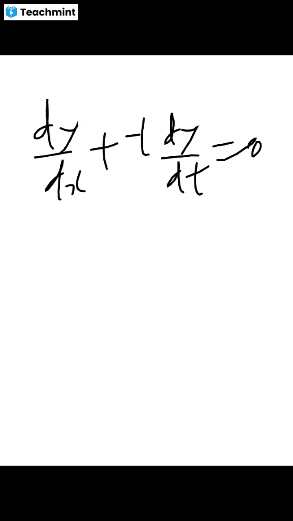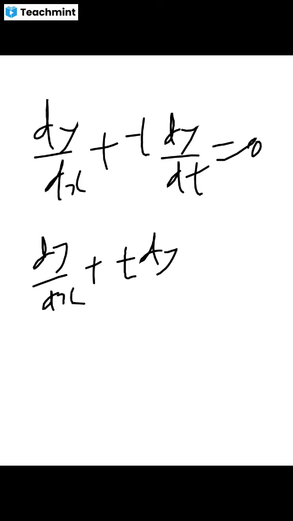For instance, we have something like dy/dx plus t dy/dt is equal to x. This is not homogeneous because it is not equal to 0. It is equal to x.